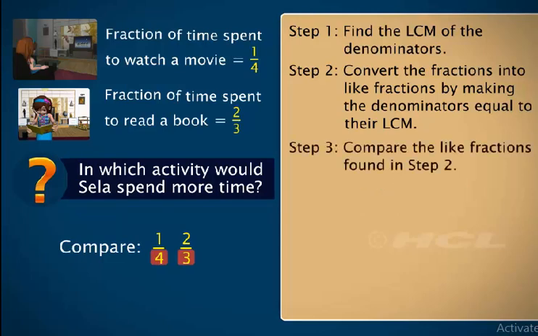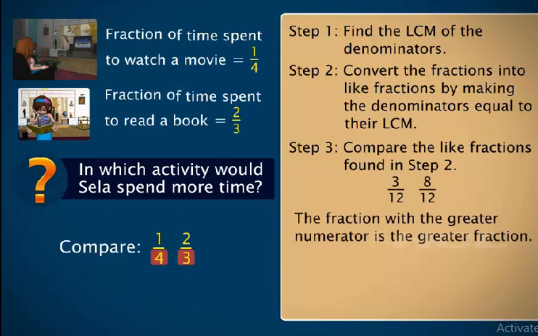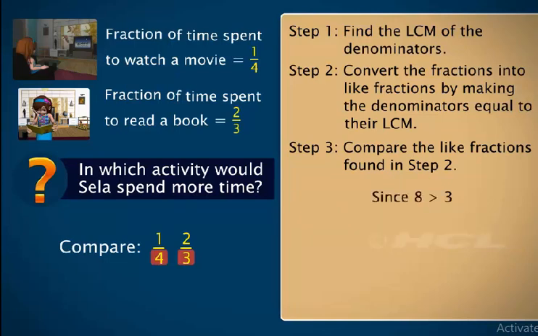In step 3, we compare the like fractions we found in step 2. So, we compare the like fractions 3/12 and 8/12. While comparing like fractions, the fraction with the greater numerator is taken as the greater fraction. Since 8 is greater than 3, the fraction 8/12 is greater than the fraction 3/12.